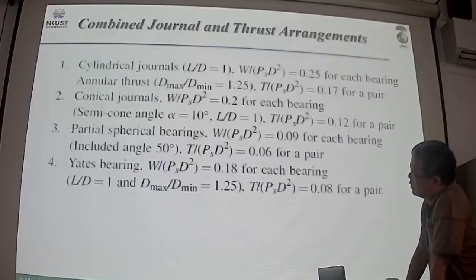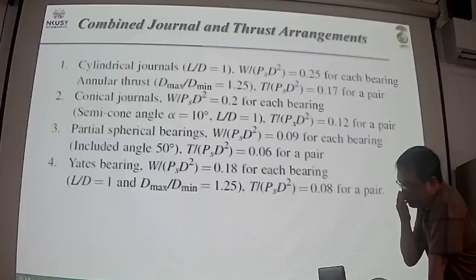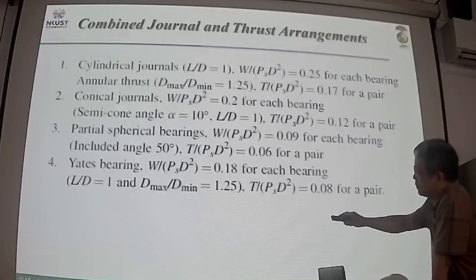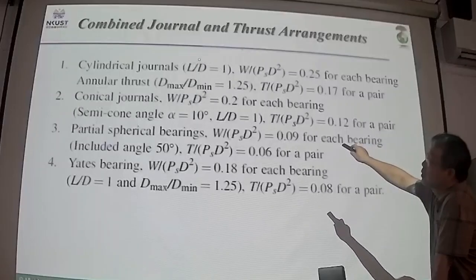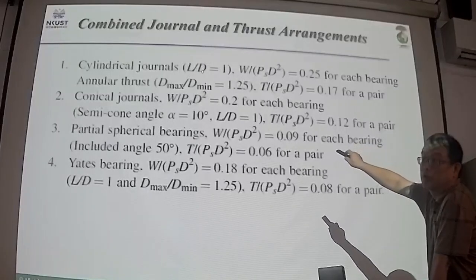So here are some of the rules found for the parameters in the design. You should notice for the journal bearing, usually we design the bearing with length equal to the diameter.